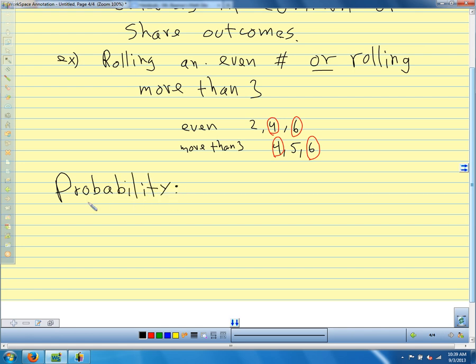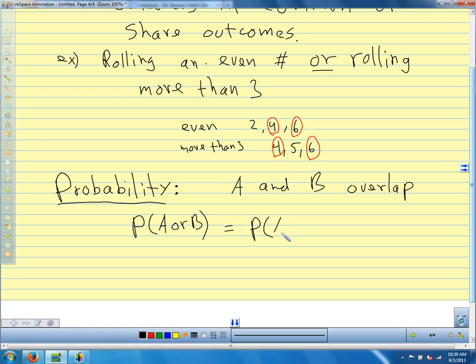The way that we calculate our probabilities for overlapping events, we're going to say that A and B are overlapping. So somewhere they share some things. We have some things that we'll count twice. Our rule for the probability of A or B: just like we talked about here, we knew it had to do with adding.